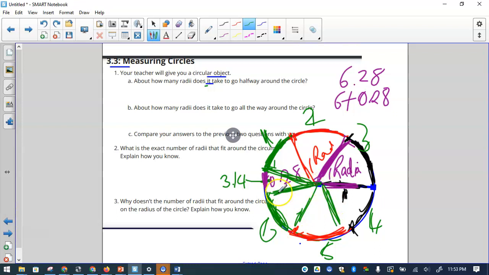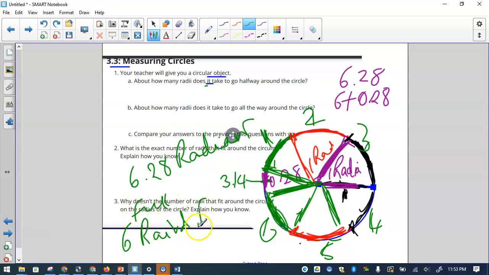So there are 6 radians, and so we say all around the whole round is 6.28 radians. It means six full radii fit the circumference, and also 0.28, which is almost 1/3 of a radius. So 1/3 of a radius also fits.